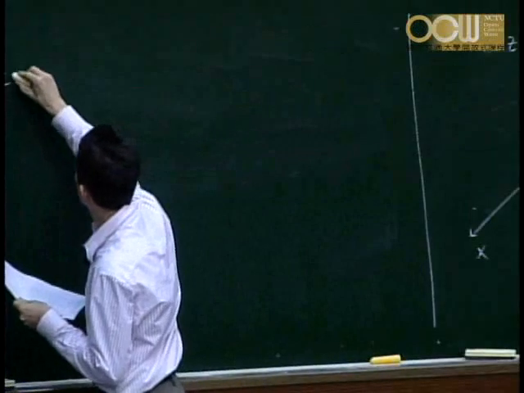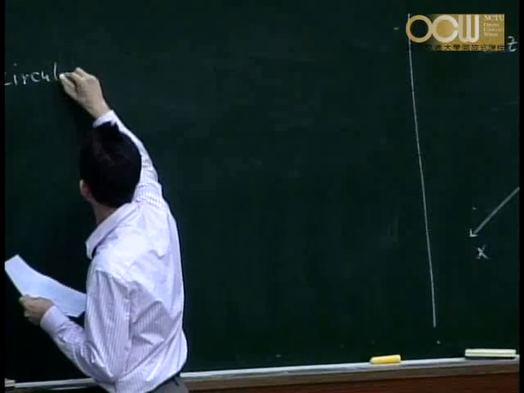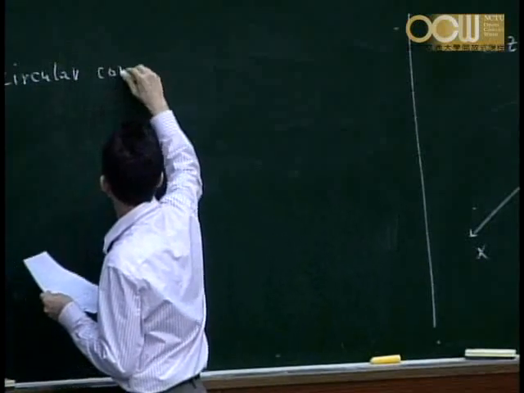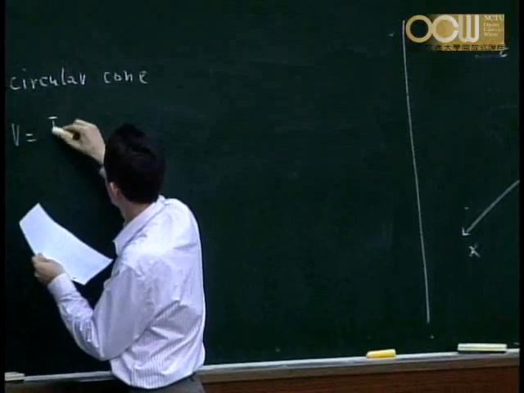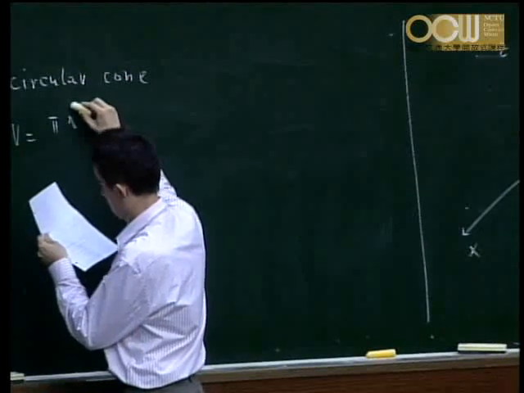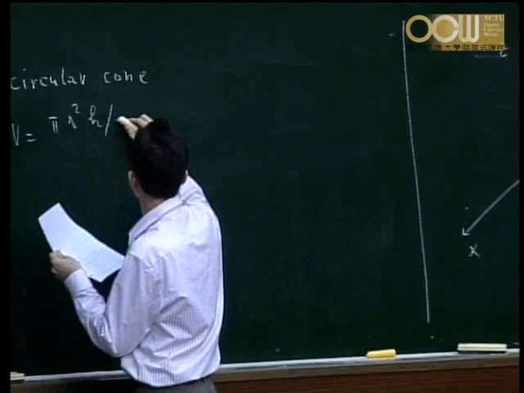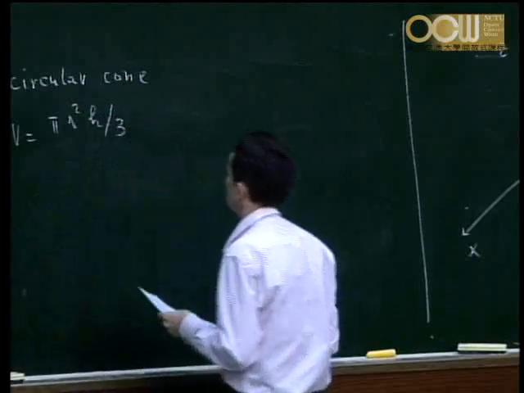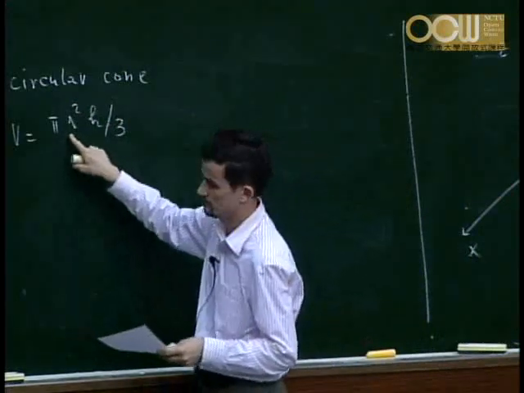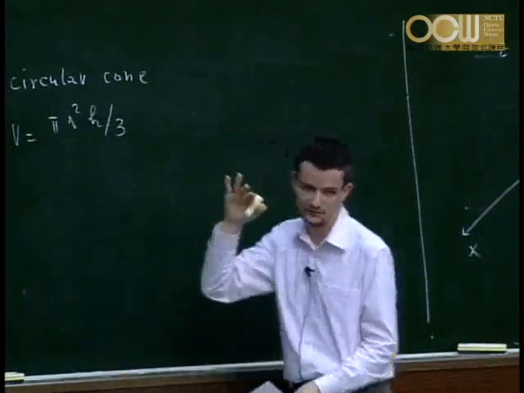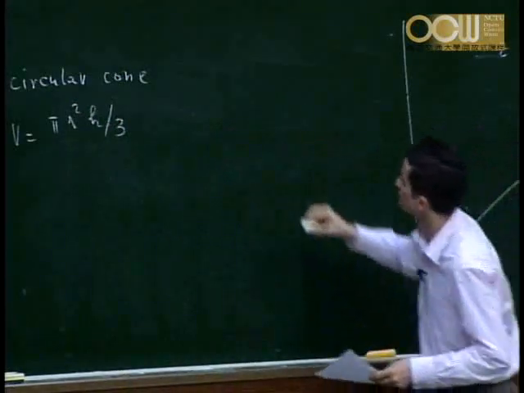For instance, we have a circular cone. We all know the volume of the circular cone. We measure the radius of the base and the height of the cone.